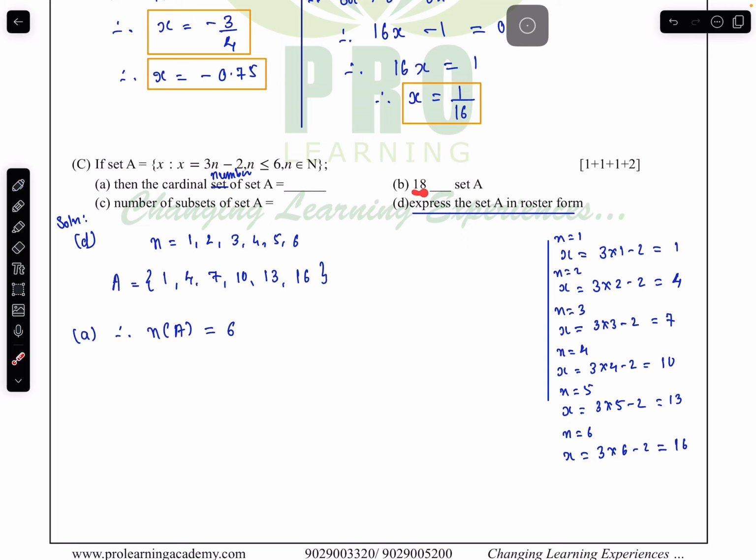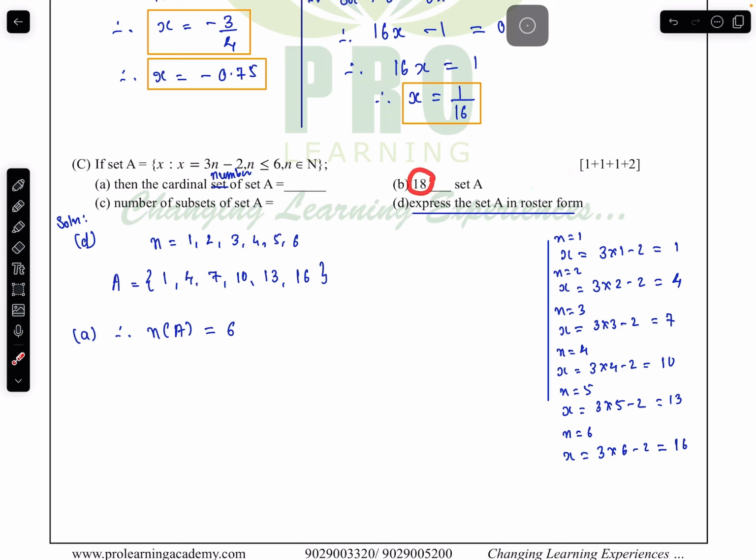Here, this question says 18 and there is set A. Ideally, if we had one more set, maybe set B, and B had elements 1, 4, and 7, then we would have said that B is a proper subset of A. But here they are not talking about a set; it is just an element.